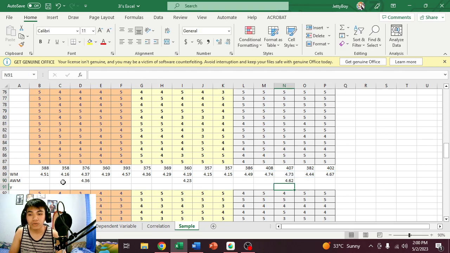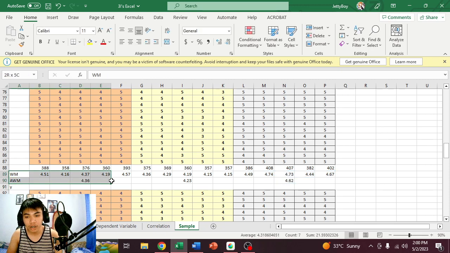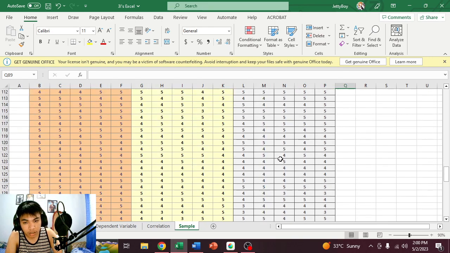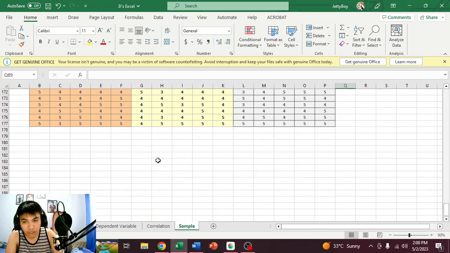Okay. So if you can see, this is our weighted mean and our average weighted mean for the x variable, which is the extent of the role of music therapy for the students.